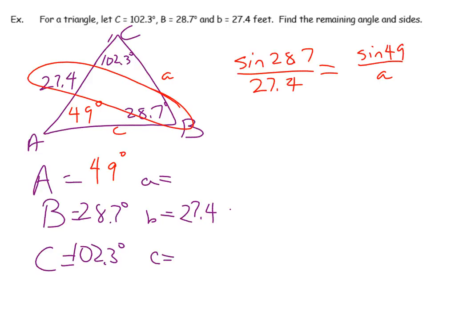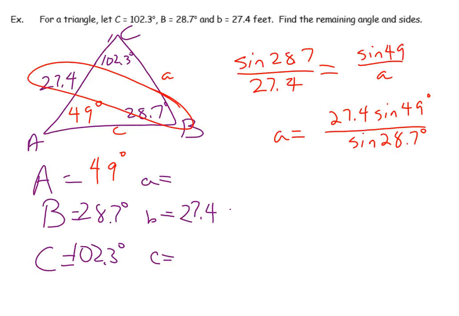Again, when you cross multiply and everything, you should get, in calculator-ready form, that side A would equal 27.4 times the sine of 49 over the sine of 28.7 degrees. Okay? If you want to check that out, you can find the answer for that.